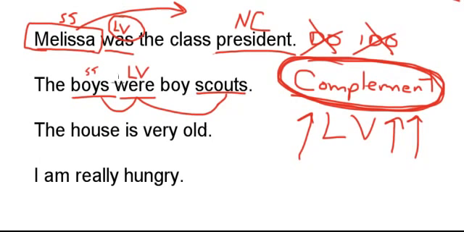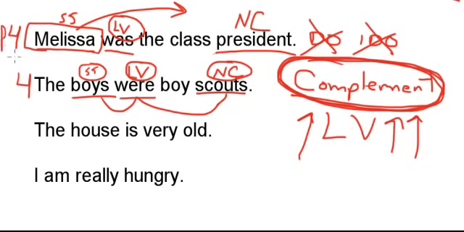Melissa was the president. Boys were scouts. So again, we have an NC. And because this is a noun complement, this is pattern 4. Pattern 4 is subject plus linking verb plus noun complement. That's pattern number 4.